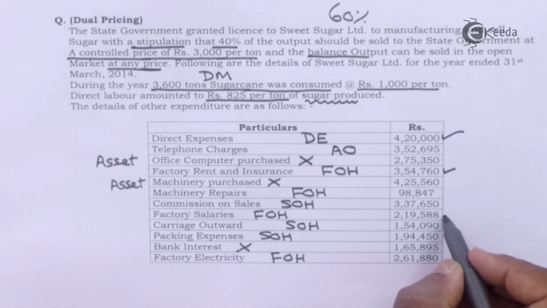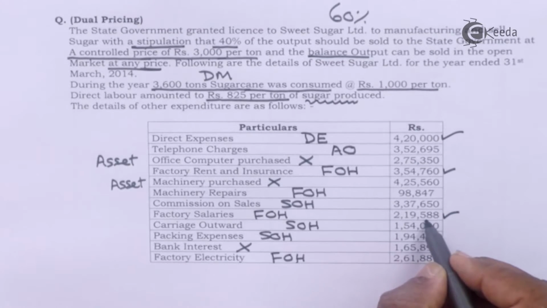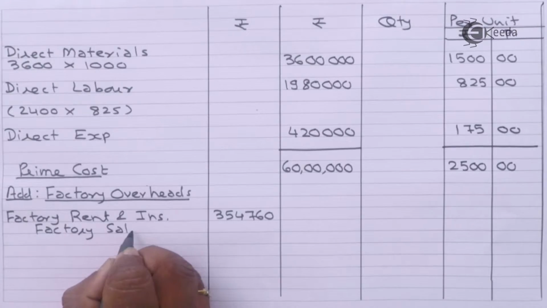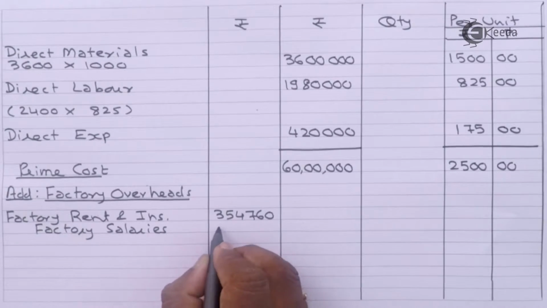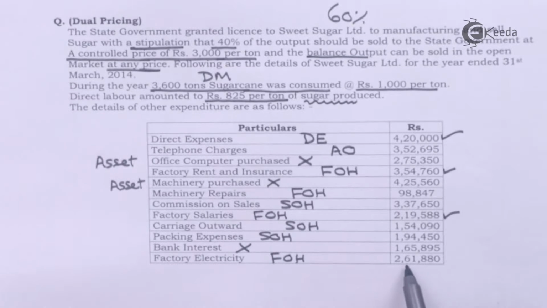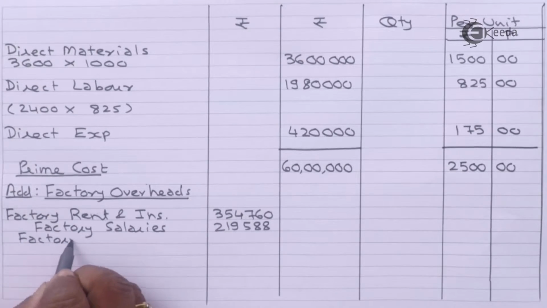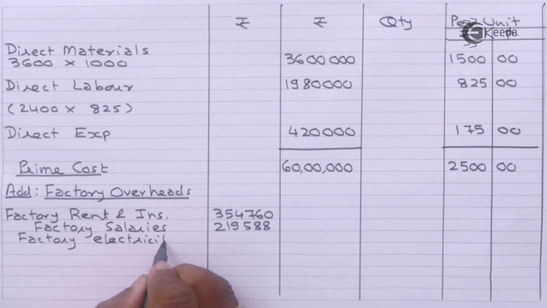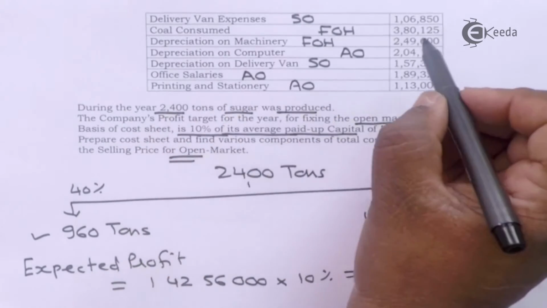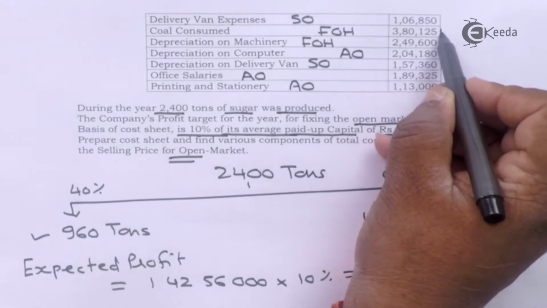Factory salaries 2,19,588. Factory electricity 2,61,880. Coal consumed 3,80,125.